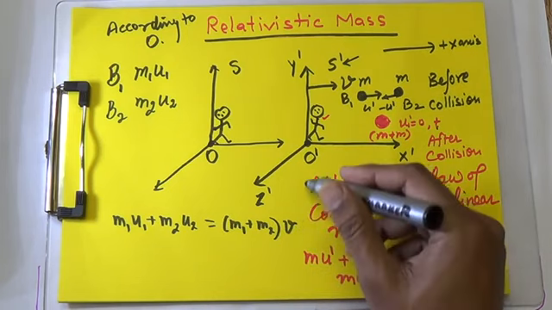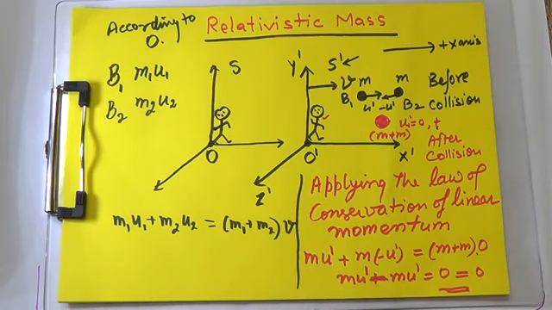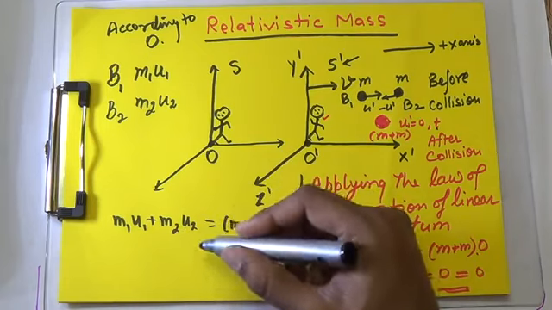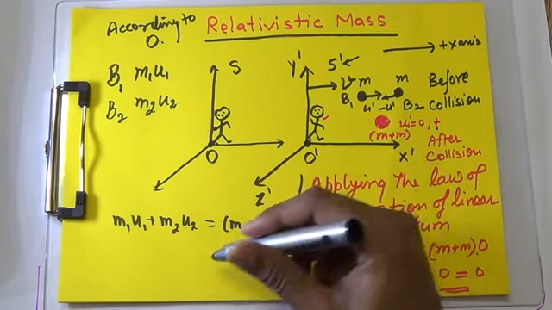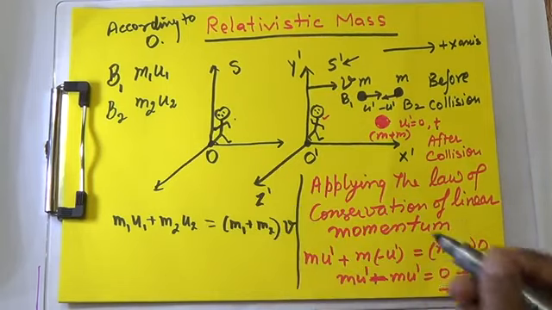So first of all, with the help of this equation, we have to find out the ratio of M1 and M2. But before that, what will be the value of u1 and u2?